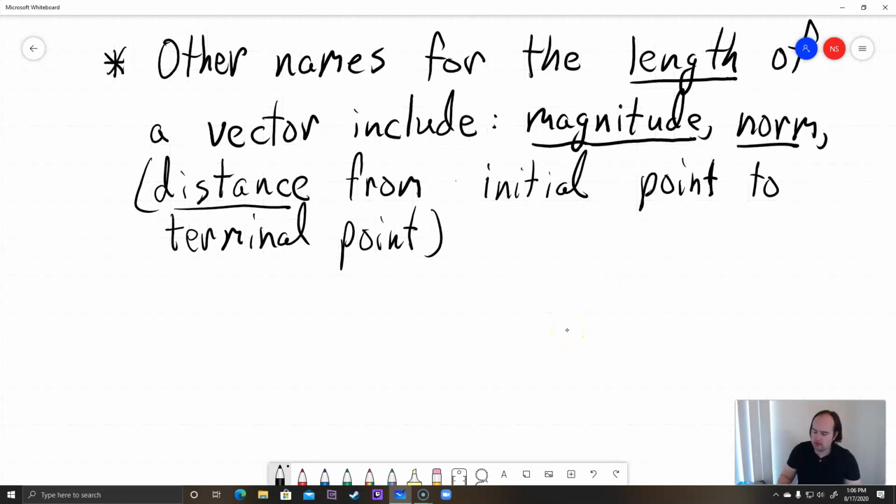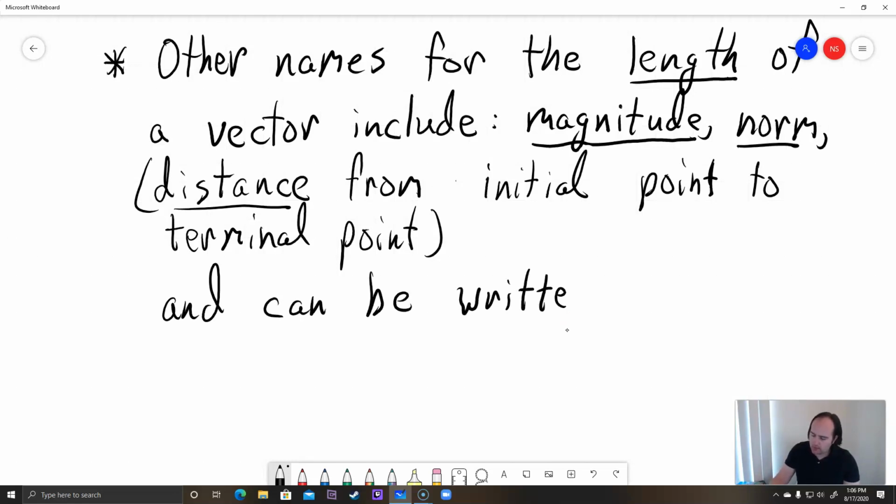Okay? And it can be written the way we wrote it, which was with absolute value. So absolute value of V, or absolute value of PQ like we did there. But you can also write it with two vertical bars. I don't think our book ever does that, but some other books do. So it kind of looks like a double absolute value when you look at it.